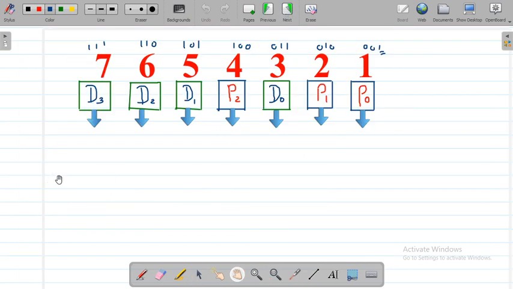Here you can see, since the size of my Hamming code is 7, I have written positions 1, 2, 3, 4, 5, 6, 7, and at position number 1 we have P0, at position 2 P1, and at position number 4 P2. So parity bits P0, P1 and P2 will be inserted at the powers of 2, that is 2 raised to 0, 2 raised to 1 and 2 raised to 2, and the remaining positions, the data bits D0, D1, D2, D3, will be inserted.